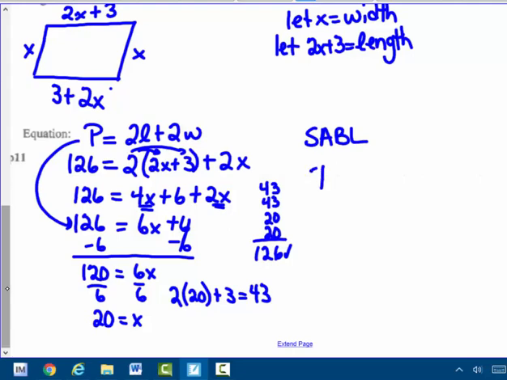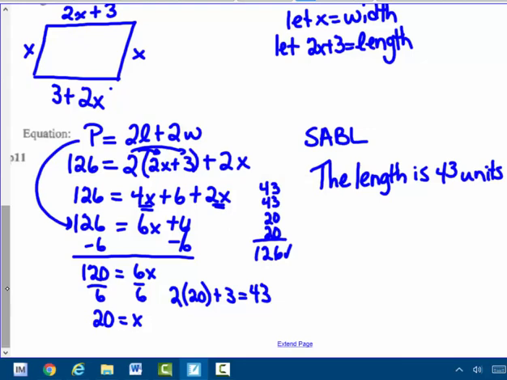So the length is 43. Length of one side. Oh, it doesn't say a unit on here. Oh, 43 units. Doesn't say inches, feet, yards, or mile, that the total perimeter is 126 of something. So it's units.